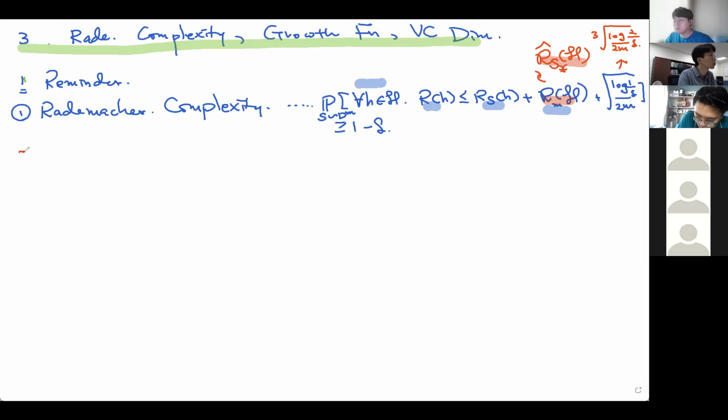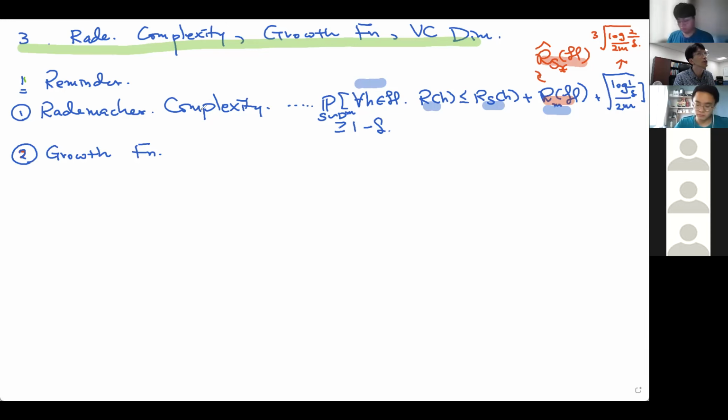There was something called the growth function. Rademacher complexity depends on the distribution on the inputs, but the growth function doesn't depend on the distribution on the input. So it's, in a sense, a less informative concept for the problem that we are dealing with.